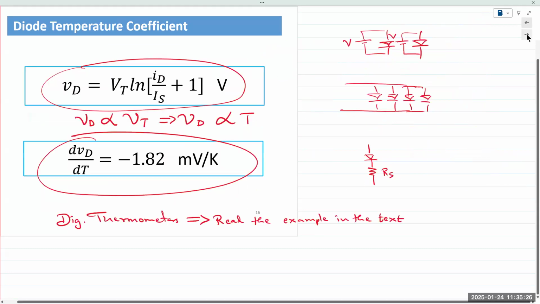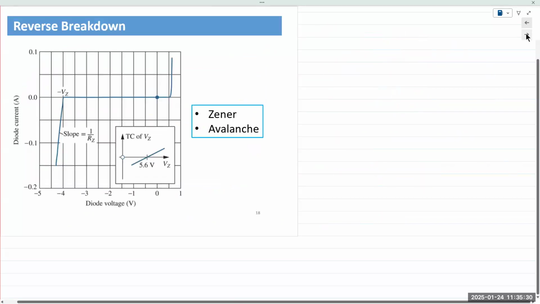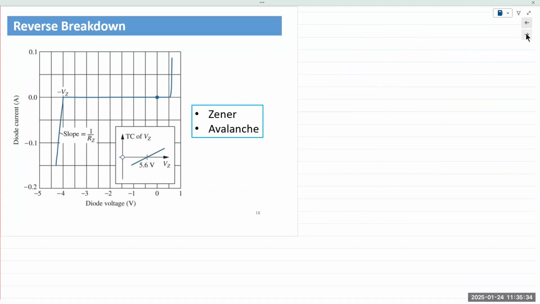Okay, so what happens when the reverse bias voltage increases to a very high level? Well, we achieve what is known as reverse breakdown. Let's say this is the reverse bias characteristic.